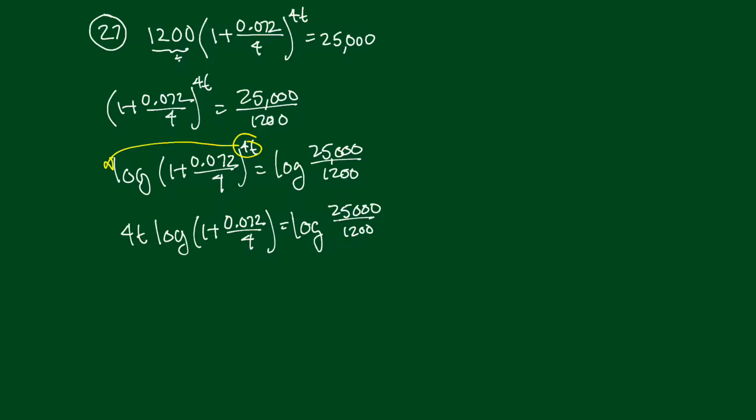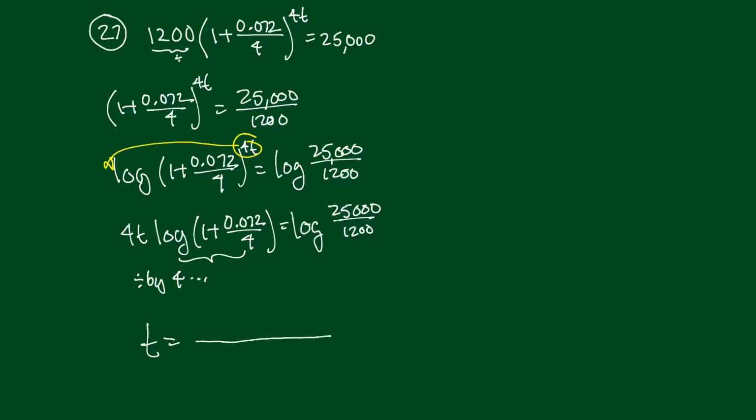Look at this. What have we got going with the t? It's being multiplied by 4 and this log. Why don't we divide by this, right? All at once we can do this. Divide by 4 and that whole logarithm. We'll divide by all that. So what's that going to give us? We've got to be careful how we write it. It'll be t equals this whole side divided by 4 times that log.